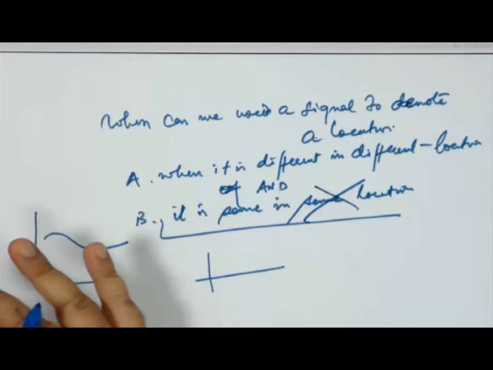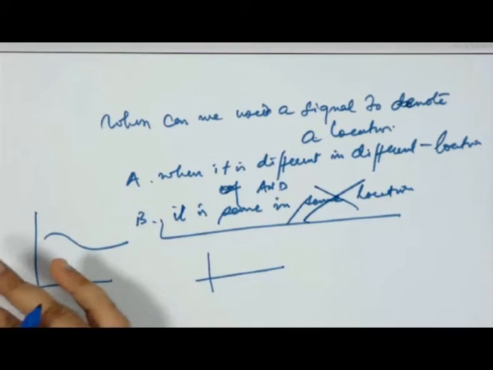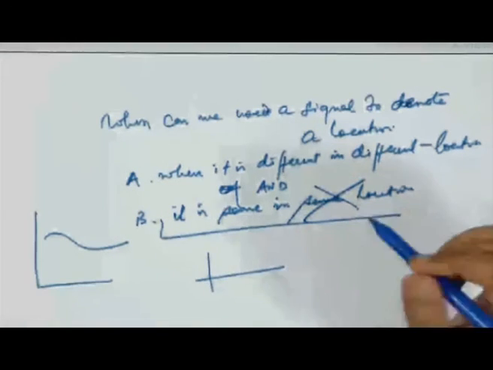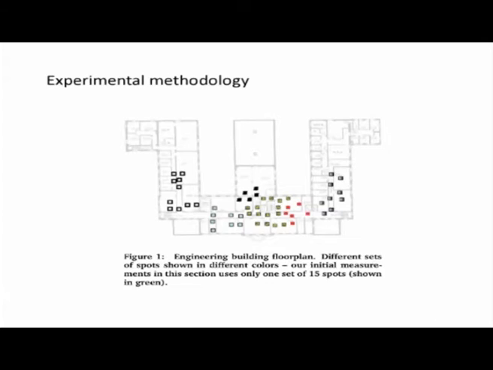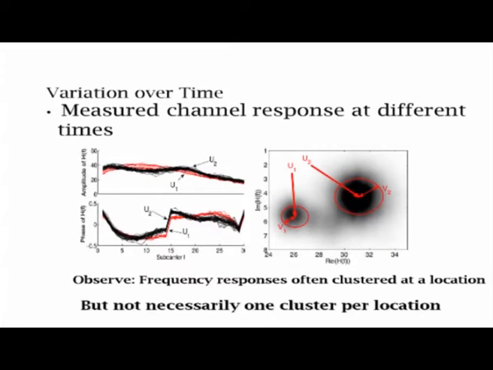So, they form clusters. This change due to channel fading is there, but it doesn't mean that the change is completely random. The change is not random. So if we do a little bit of machine learning, or a little bit of mining, we will see that this channel response at different times can be clustered around maybe one or two clusters.